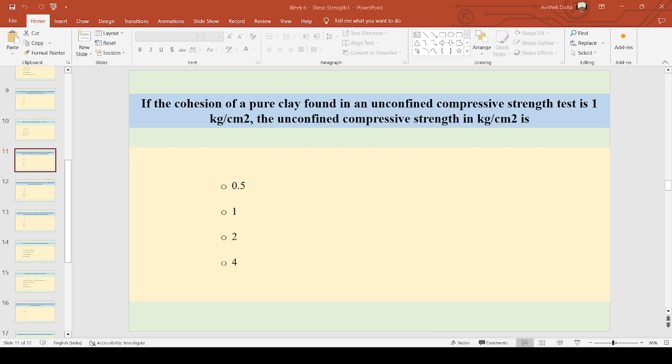Using this cohesion value, you have to find out the unconfined compressive strength in kg per centimeter square. The options are 0.5, 1, 2 and 4.